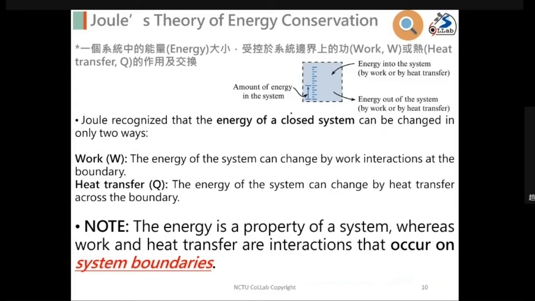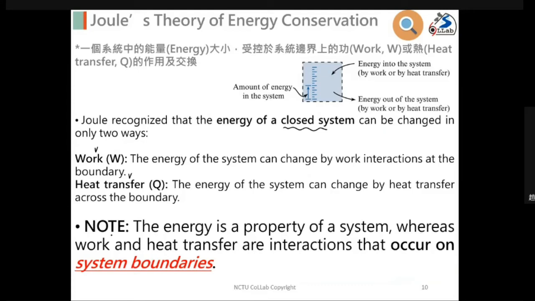Now we consider a closed system. There are only two ways to change the energy. The first one is work, and the second one is heat transfer.